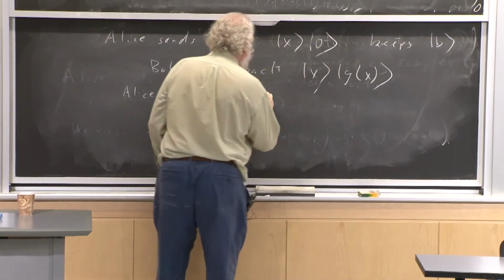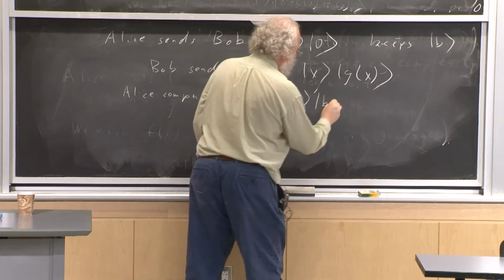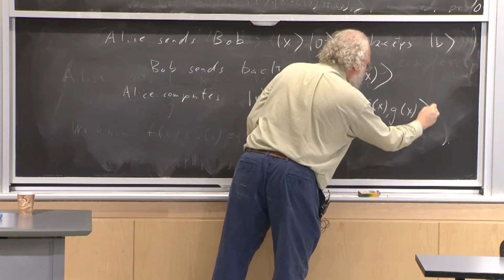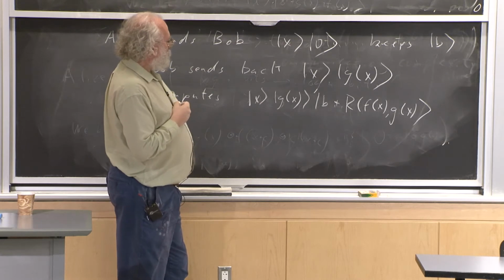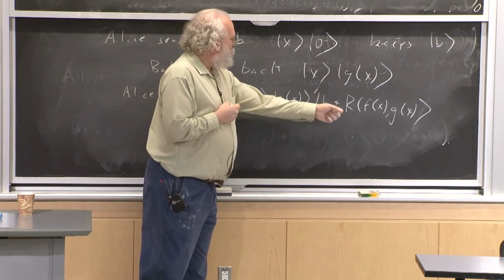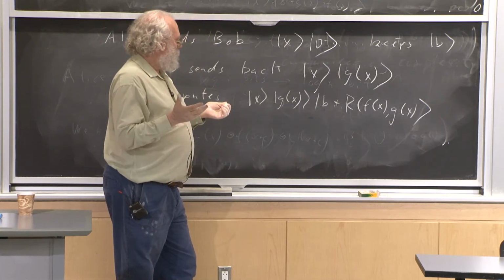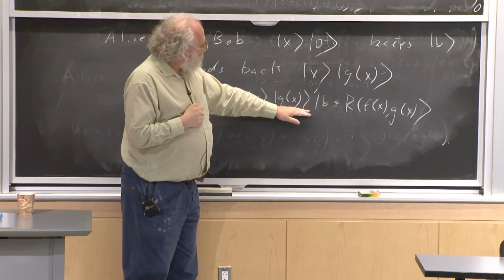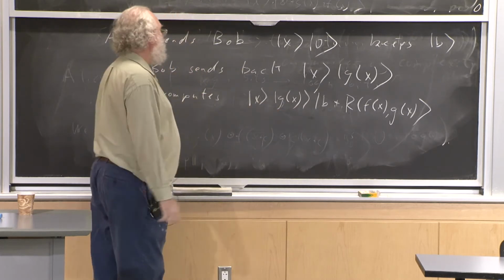Alice computes x, g of x, b plus r of f of x, g of x. So Alice has b in this register, and she just computes this horrible nonlinear function r of f of x and g of x. Now this is good, except Alice has this extra register g of x that might wreck the coherence of Simon's algorithm.